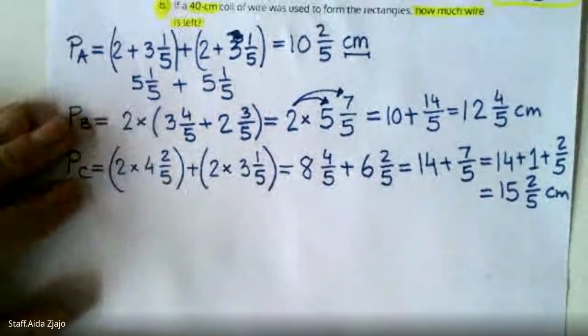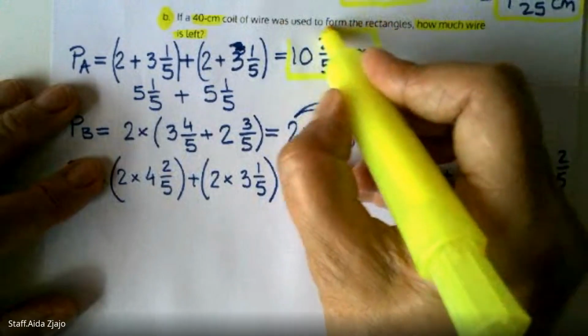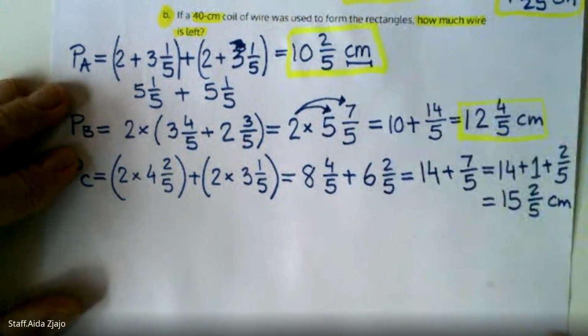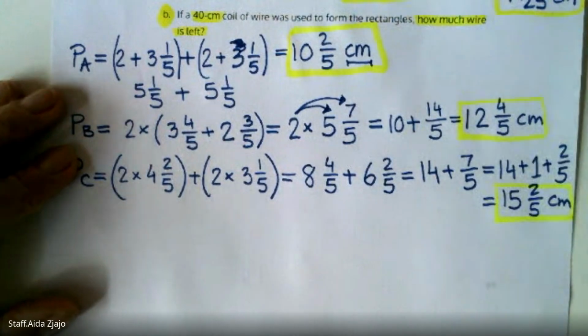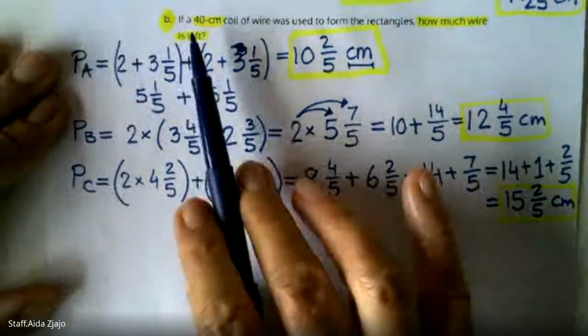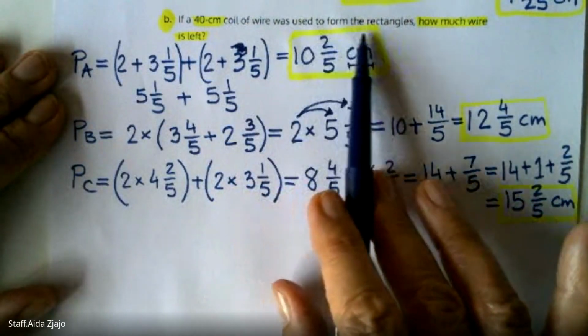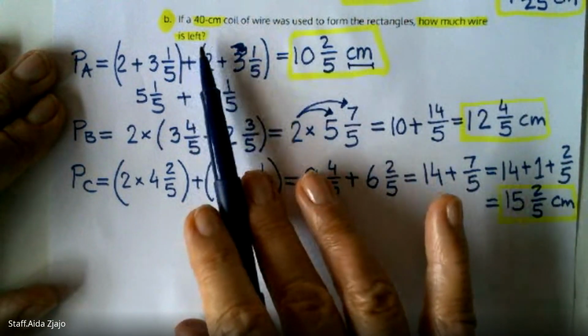So right now, I do have the perimeter for A, the perimeter for B, and the perimeter for C of the rectangles made with wire. They say if a 40 centimeter coil of wire was used to form the rectangles, how much wire is left?